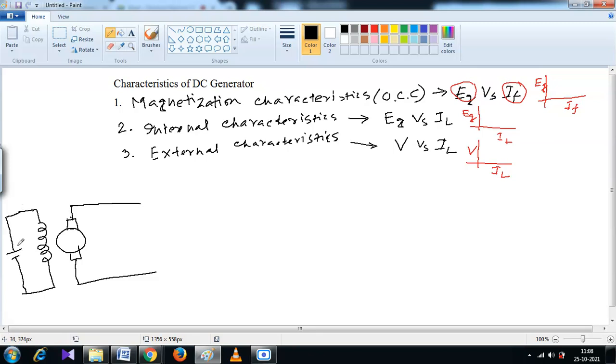What kind of generator is it? Tell me anyone. What kind of generator is it?